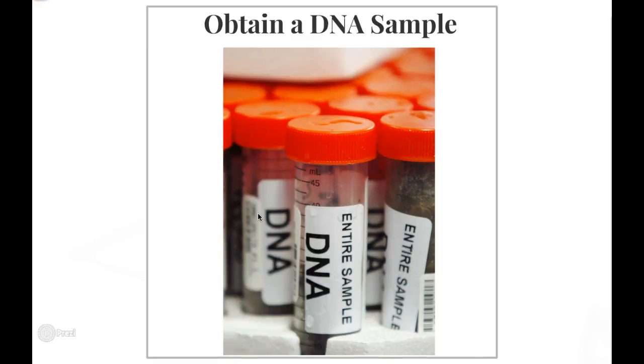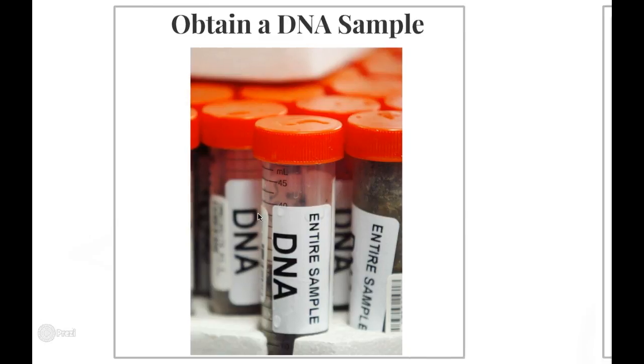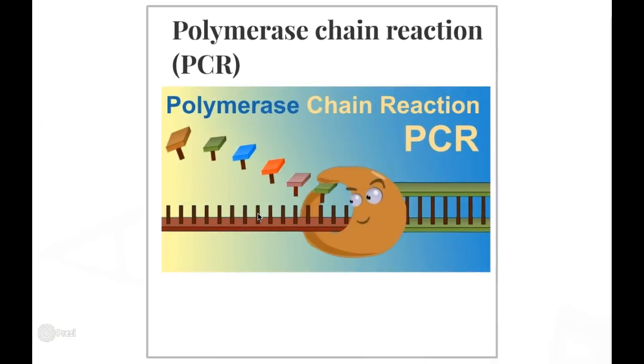So first, a small amount of blood is taken from a test subject. Second, the subject's DNA is amplified using PCR, polymerase chain reaction. PCR uses primers to amplify the specific region of DNA that contains the single nucleotide polymorphism.